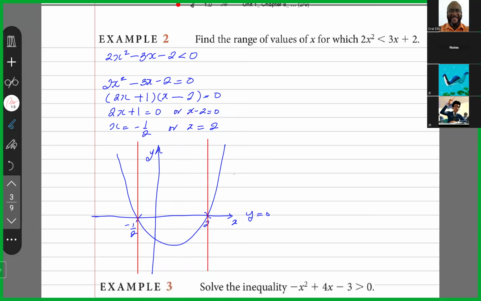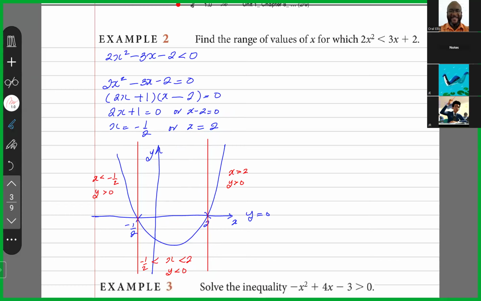This is where x is greater than 2 and y is greater than 0. This is where x is less than minus a half and y is greater than 0. And here is where x is less than 2, greater than minus a half, and y is less than 0.